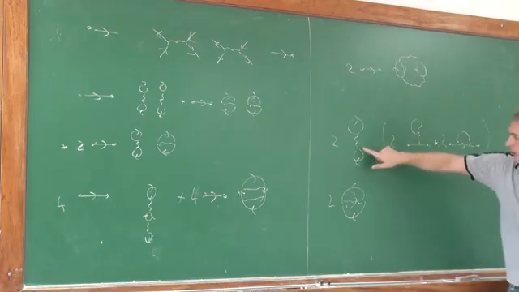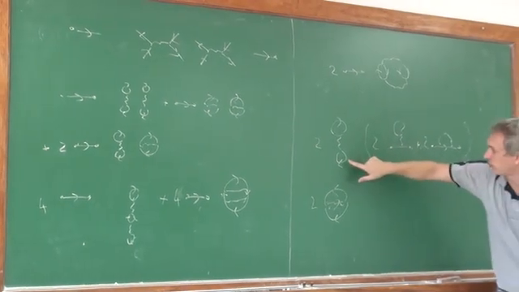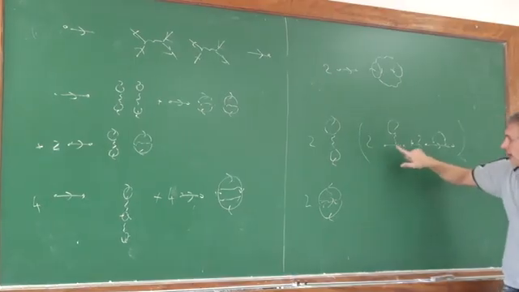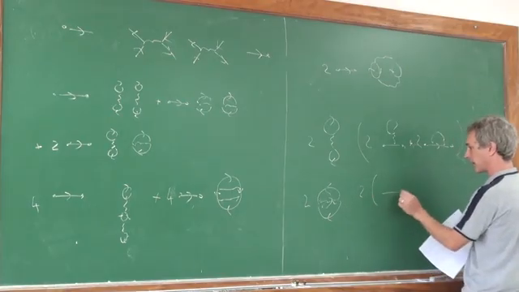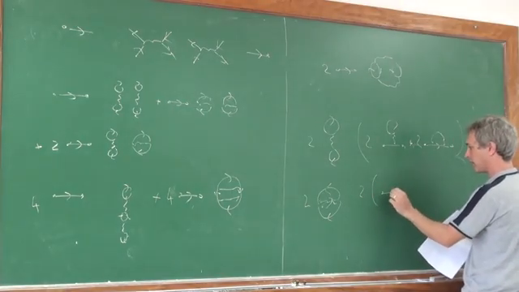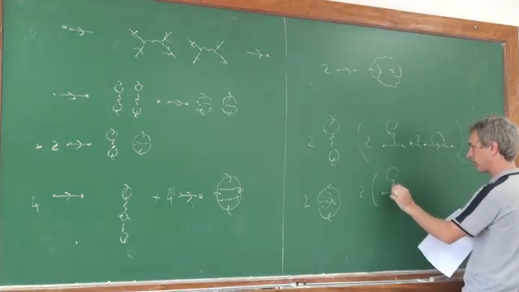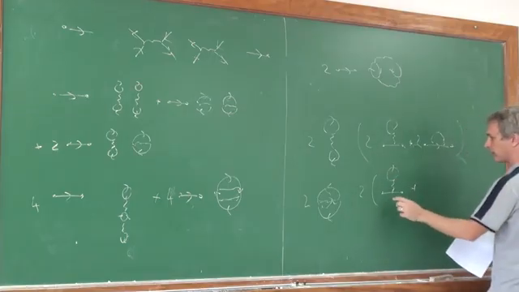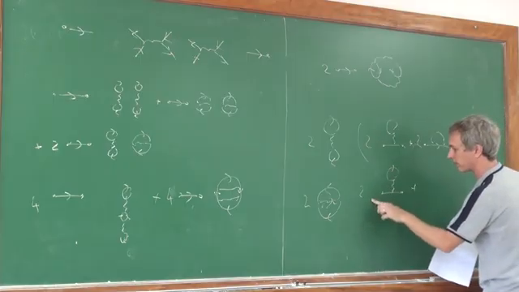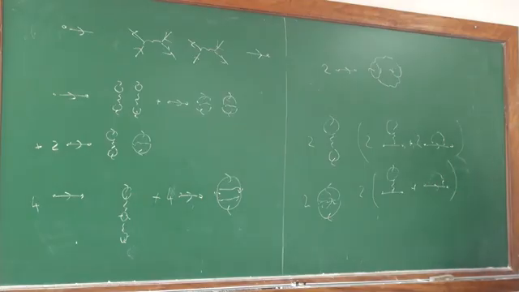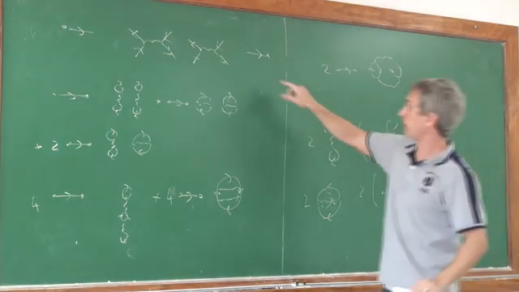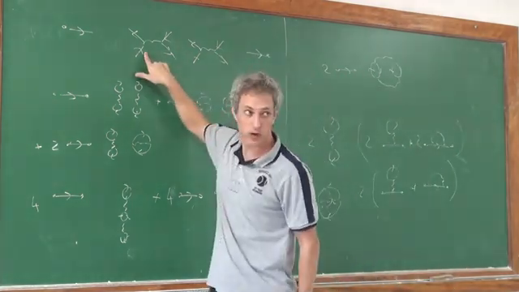So here you get 2 types of different diagrams, this times this and this times this. Okay? And here we have the same. Okay, so this would be examples of the diagrams where we said let's connect these to just one vertex.